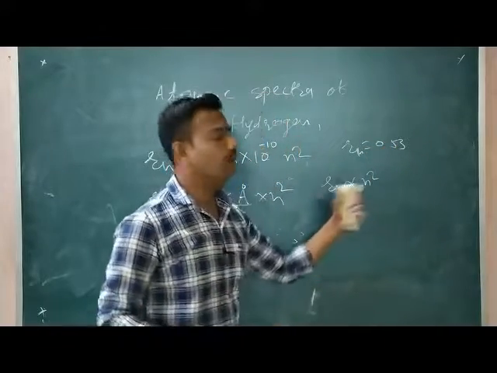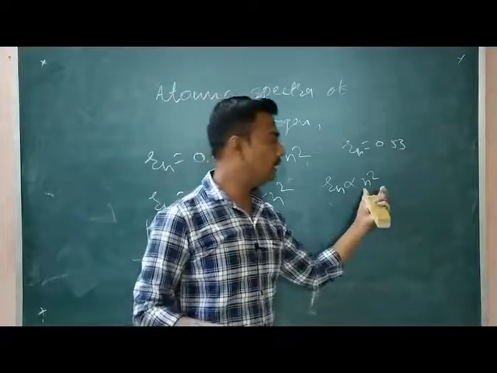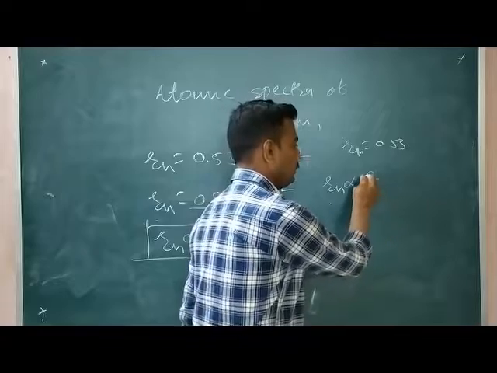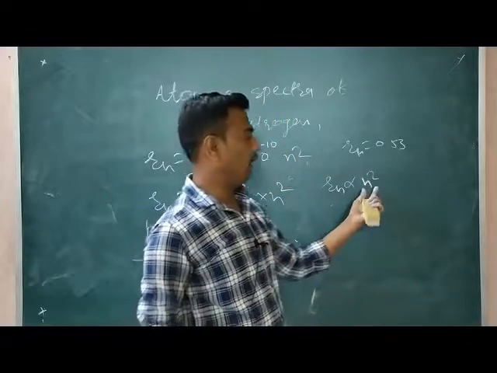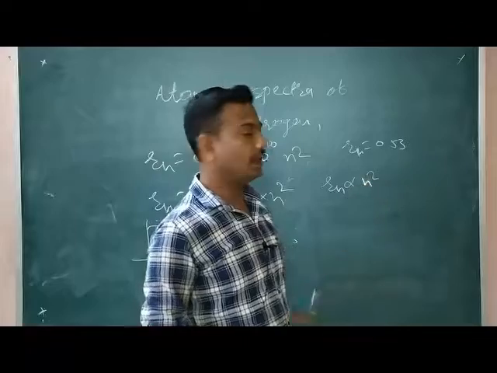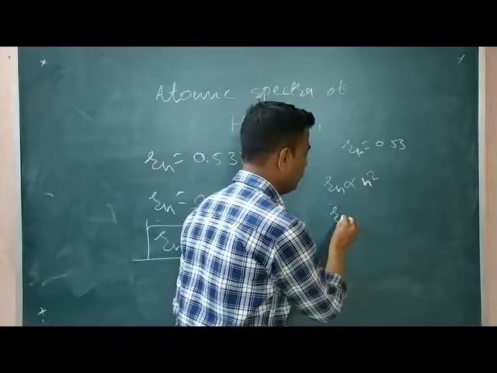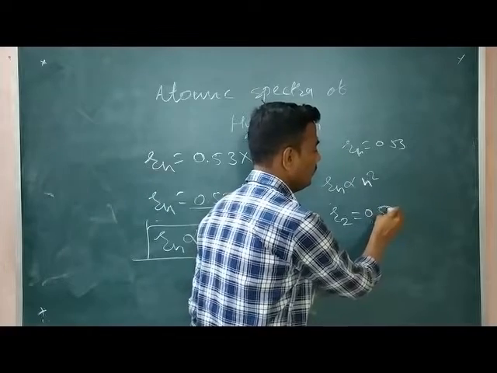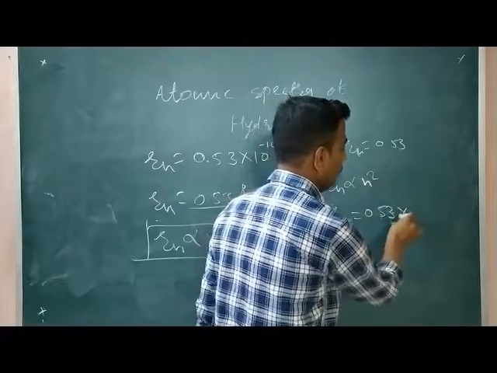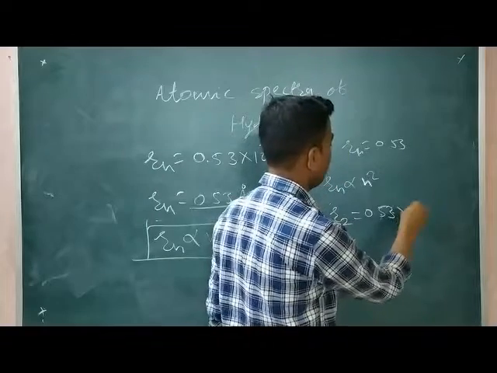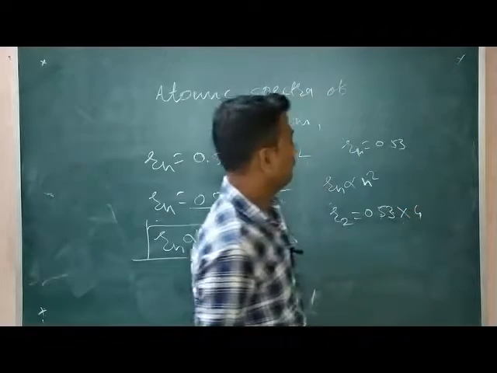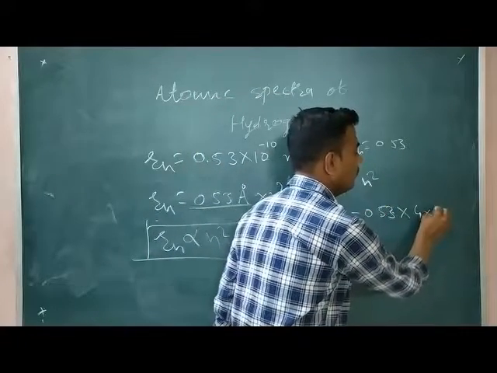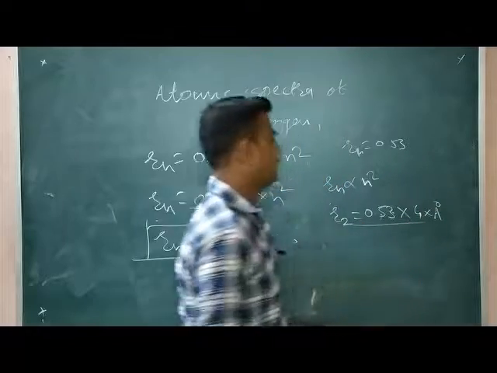To calculate the radius of the second Bohr orbit, instead of n you write 2. So the radius of the second Bohr orbit is 0.53 angstrom into n square, which is 2 into 2, equal to 4. So 4 times this is the radius of the second Bohr orbit.